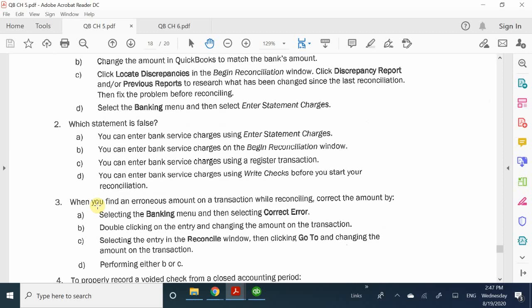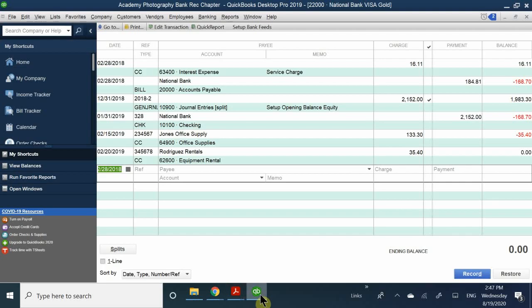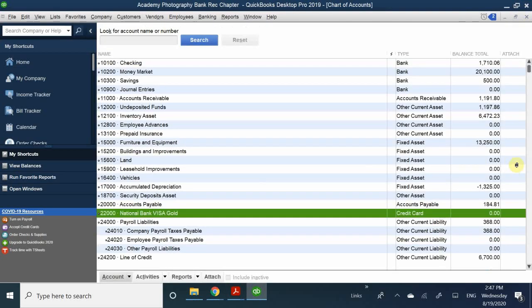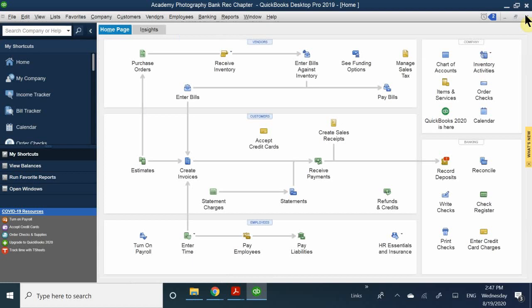Okay, so the answer is actually A. The question says that you can enter a bank service charge using the enter statement charges window. Let's go ahead and explore that. Where is this enter statement charges? I don't remember seeing that. So it doesn't exist.